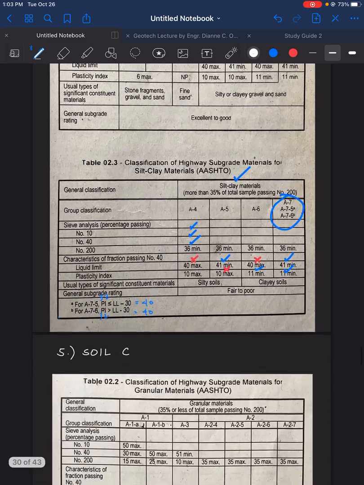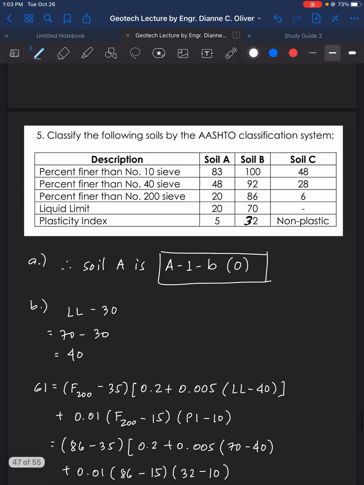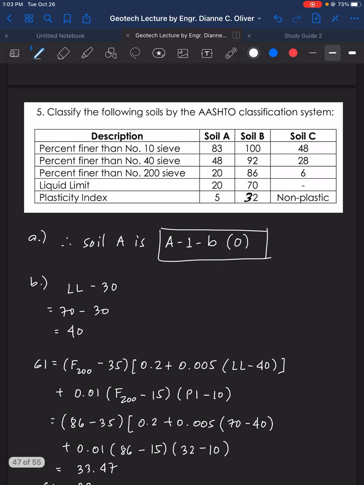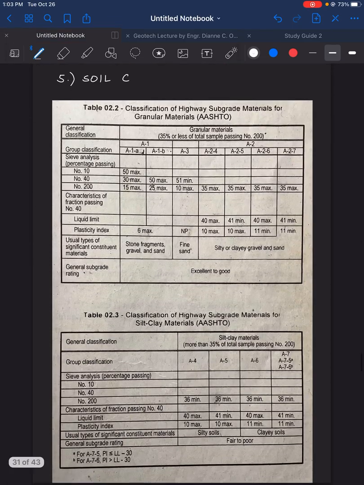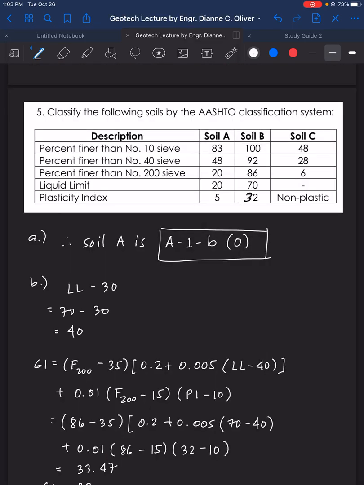Okay, now let's go to soil C. Okay. For soil C, let's use this table. Right? So for soil C, we have number 10 sieve, 48% passing.